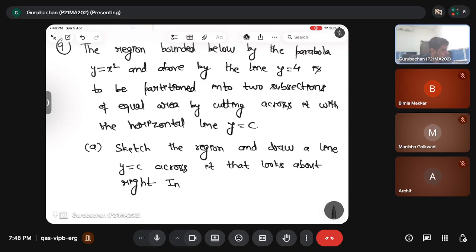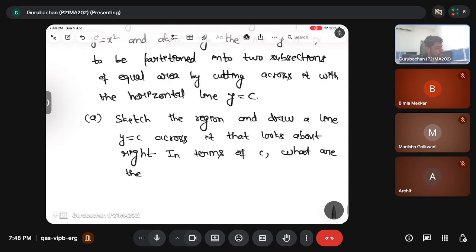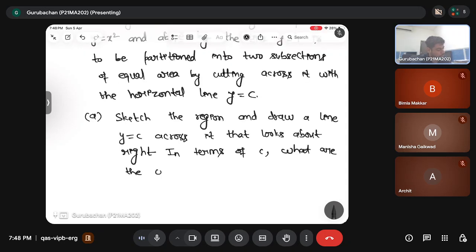In terms of c, what are the coordinates of the points where the line and parabola intersect?